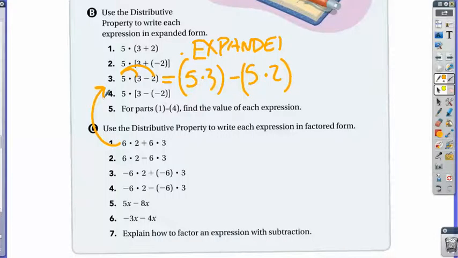So the first thing I'm going to do is look at these two pieces in my expanded form, and ask myself, what is common in both of these terms? Rebecca, what is common for both of these terms? Both of these have 2? They have 2 and 3. I agree with that. But what's the same? What do both of them have that is the same?